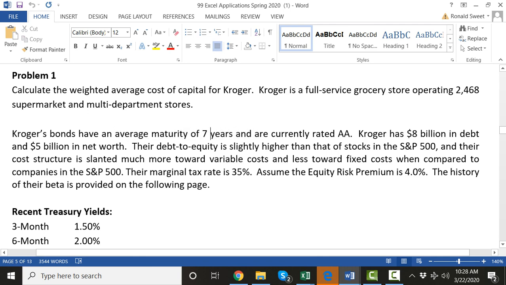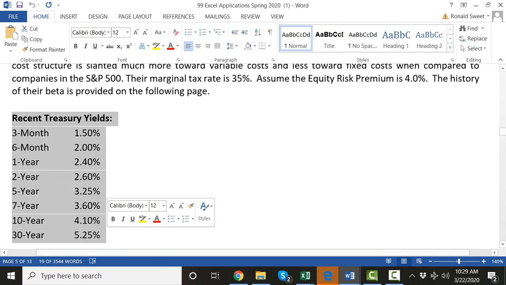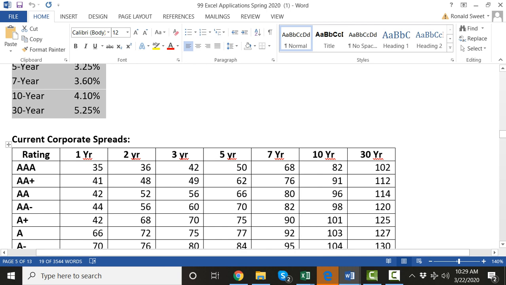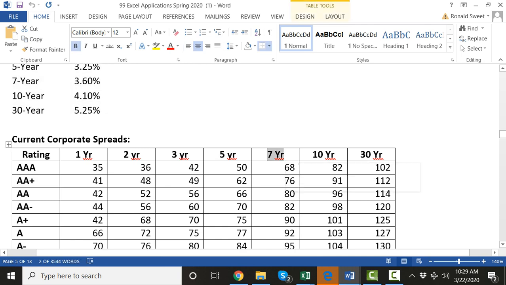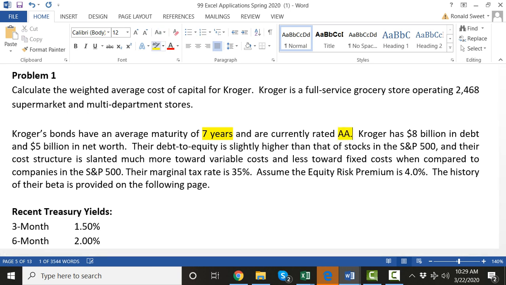So 7's what's important, because that's going to do 2 things. It's going to tell you which risk-free rate to use, which is a treasury yield, and it's going to tell you what spread to use, 7-year spread. And it's rated AA, so that's really important. It's 7 years bond, and it's AA. That tells us everything we need to know.